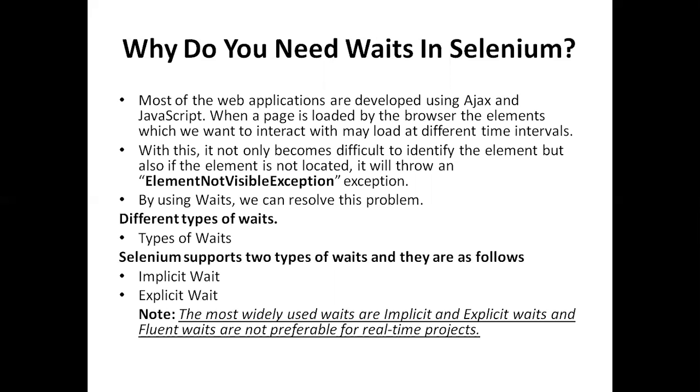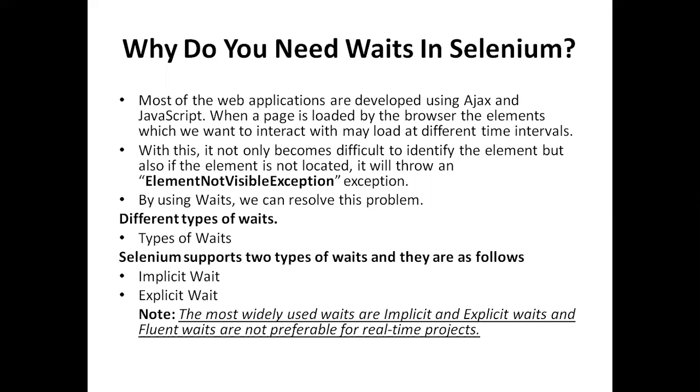So over here, first of all, let us understand why do we need waits in Selenium. Now, most of the web applications are developed using Ajax and JavaScript. So whenever a page is loaded by the browser, the elements which we want to interact on, which the automation script would run and perform some action on them, would take their own time to appear on the screen, to get visible on the screen.